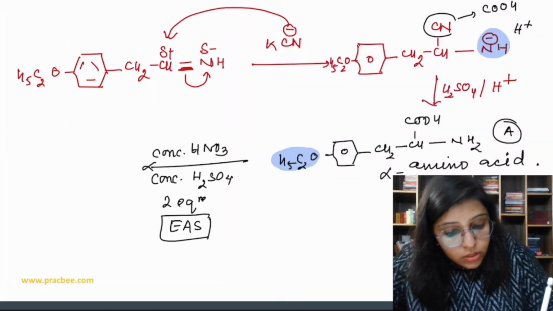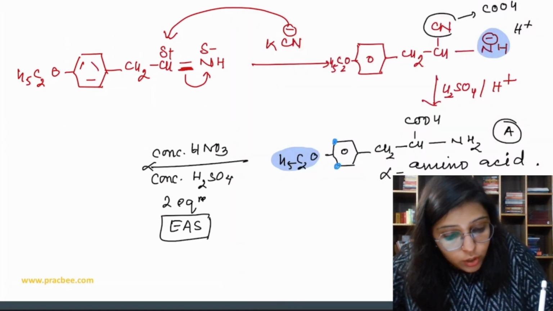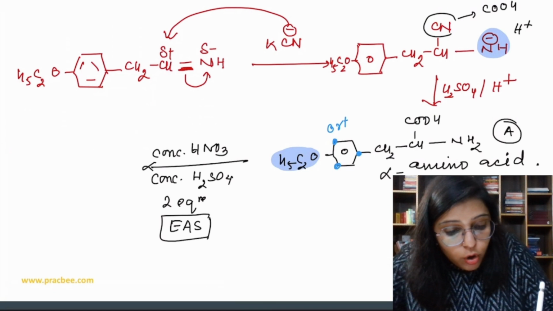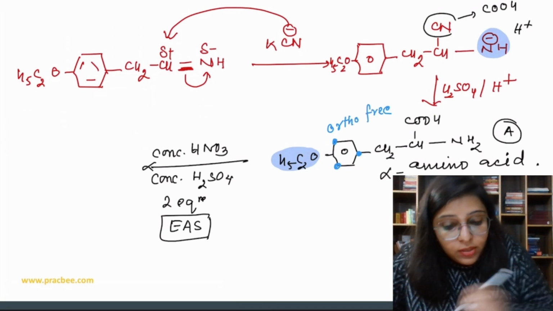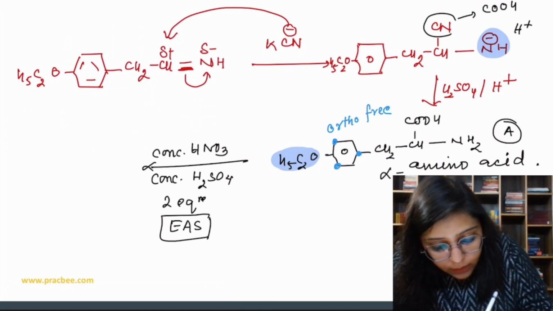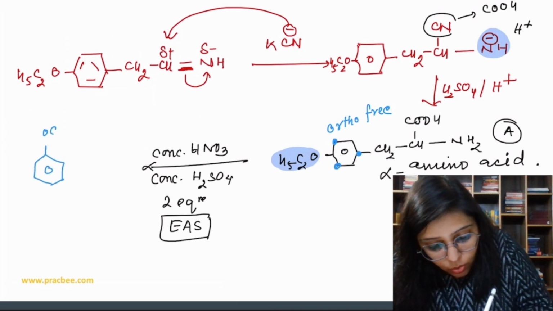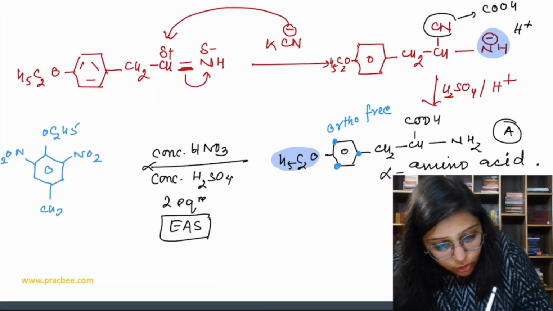And for that, suitable sites are ortho positions. Why? Because para position is occupied. So ortho is free. So what do we get? We get something like that. OC2H5, here we write NO2, here we write NO2. Then CH2, CH, COOH and NH2.